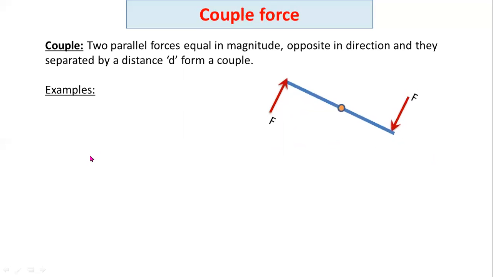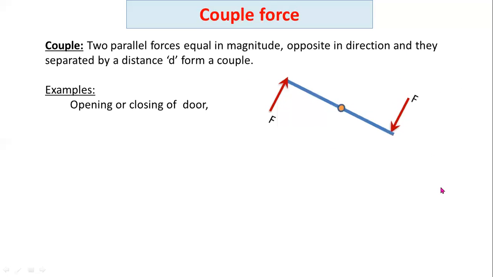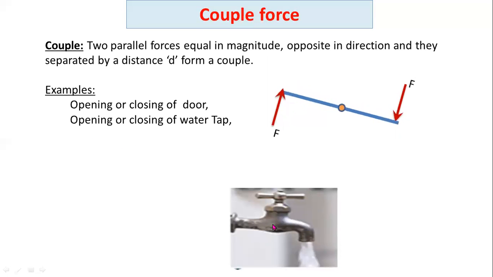Here are the examples for a couple. In daily life you can observe opening or closing of a door also forms a couple. And opening or closing of a water tap, when you are applying force using the fingers on this tap to close or open, then it forms a couple force.